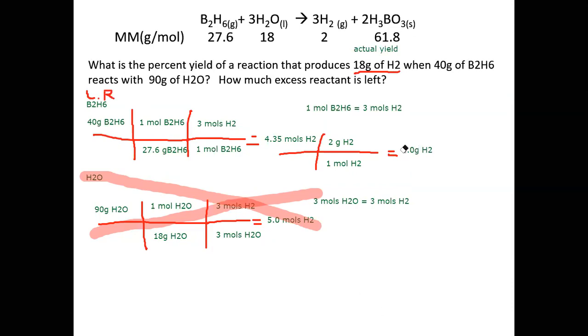Erase that. .7. No, I was right. So let me change the actual yield because I made another typo here. We'll put a point there, make it 1.8.